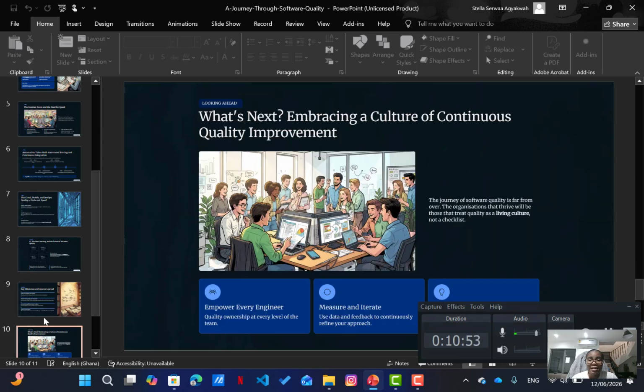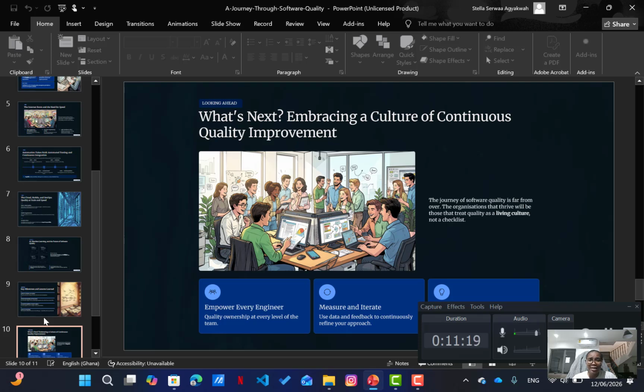What's next? Embracing a culture of continuous quality improvement. The future of software quality depends on continuous improvement. Organizations must encourage every engineer to take ownership of quality. Teams should use data and feedback to improve their processes.